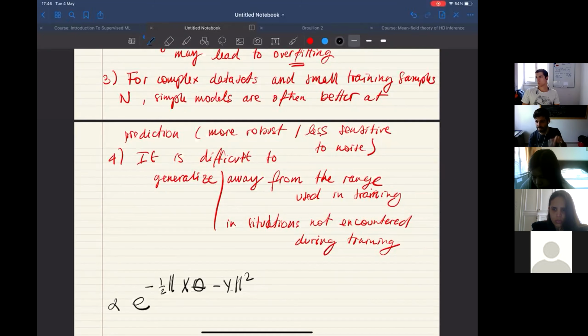And this probability distribution is the one of a Gaussian. So that's why when you are minimizing a quadratic loss like this, what you are actually doing is maximizing the likelihood of the data according to a Gaussian model. I will explain that in detail. Okay.